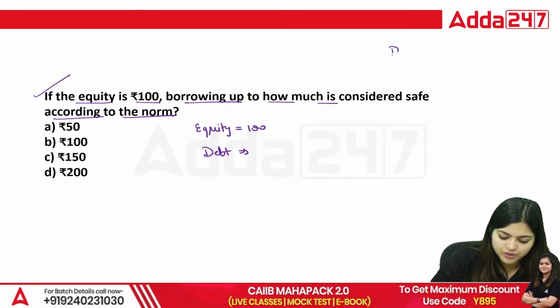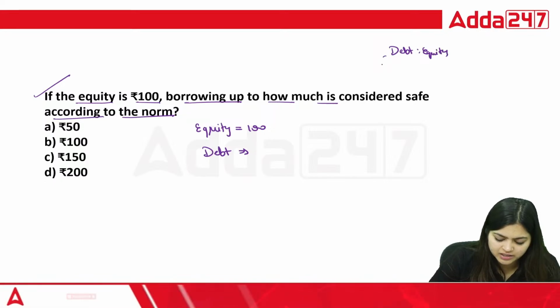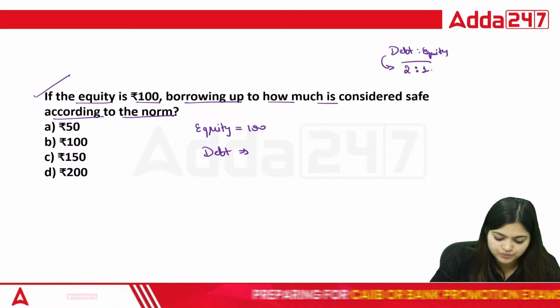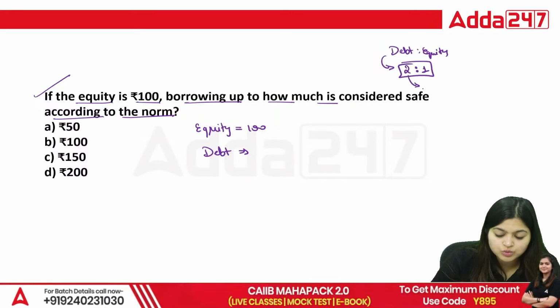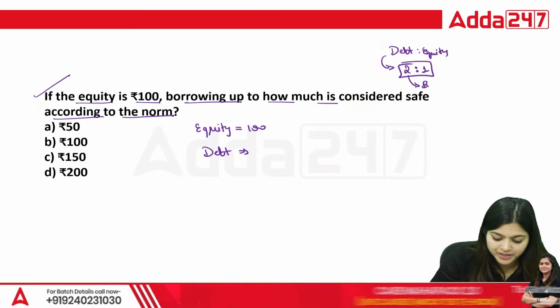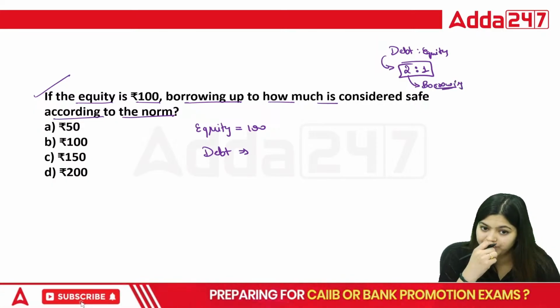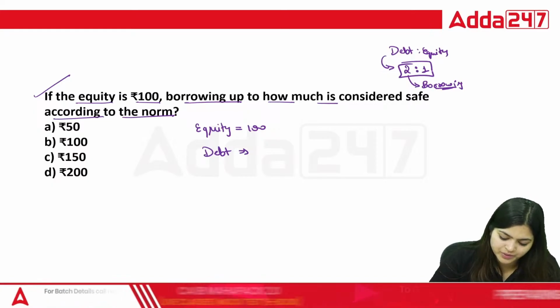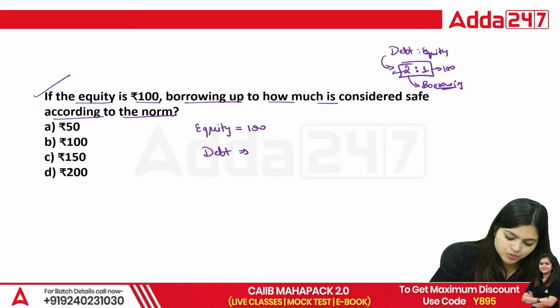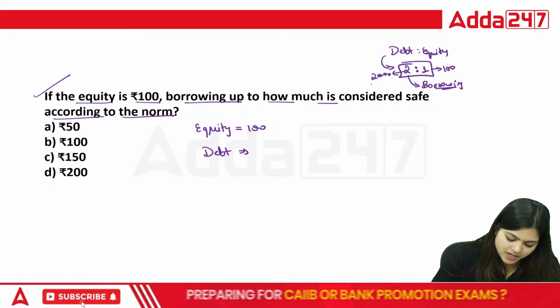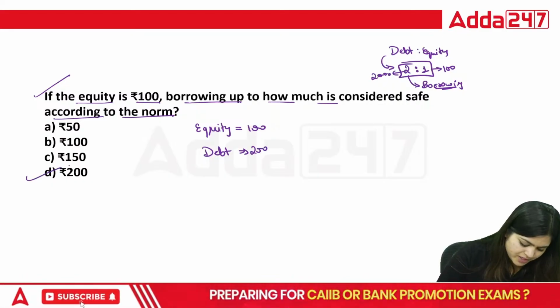If you recall the debt equity ratio, the ideal debt equity ratio can be up to 2:1, which means you can take borrowing of 2 times. So if equity is 100, you can take 2 times, 2 into 100, which is going to be 200.